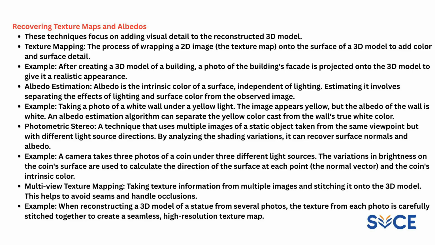Imagine medical imaging where lighting can distort the tissue's color, or AR applications where your avatar's shirt should not look neon green just because you are sitting under a green lamp. Estimating albedo helps us find the object's true color, right? So we have to differentiate it. That's where albedo estimation comes into the picture.